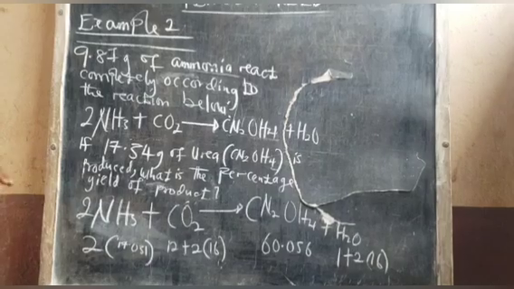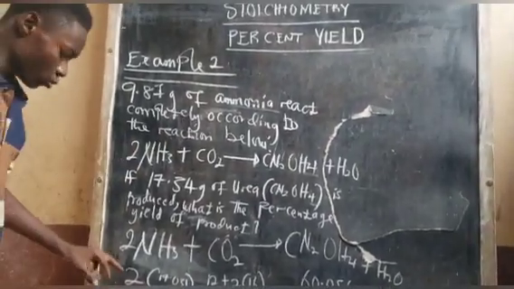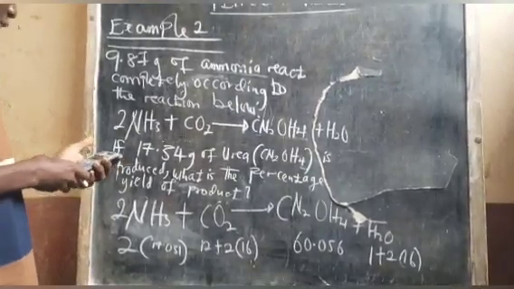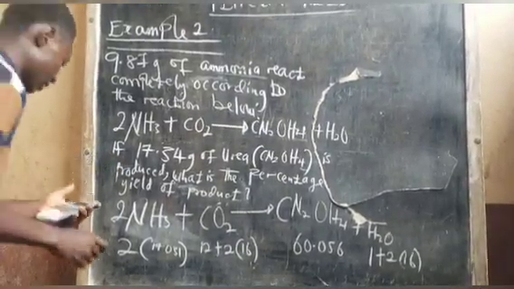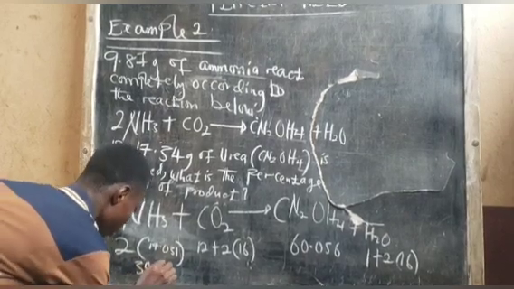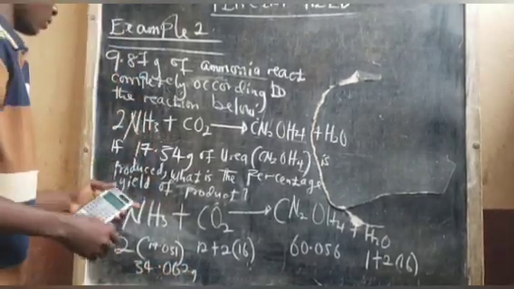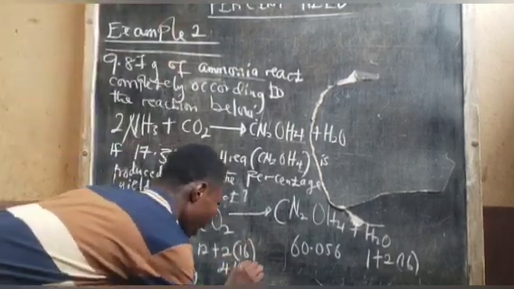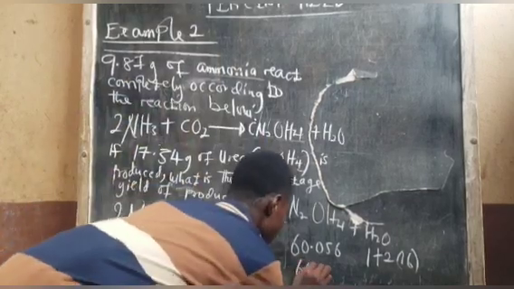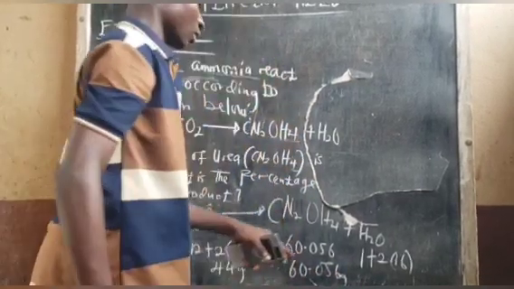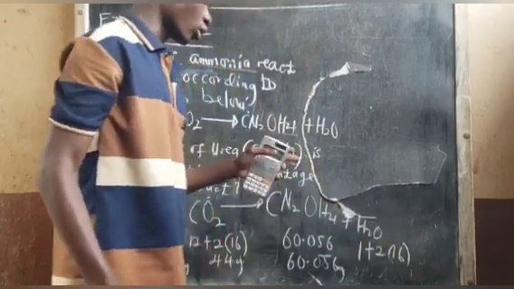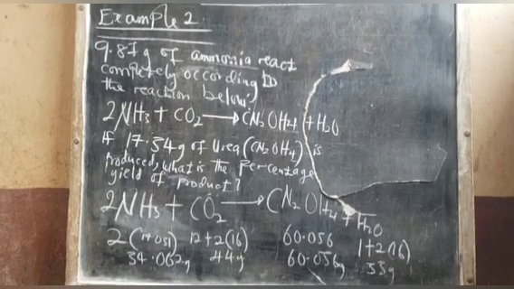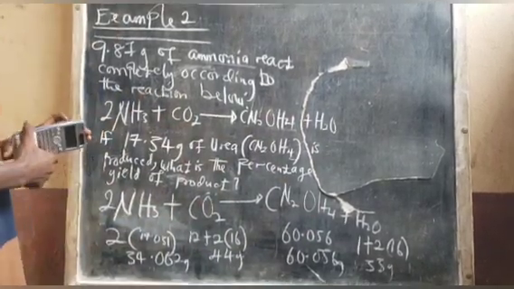This is how we find the reacting masses. Now we multiply 2 by 17.031, which gives me 34.062 gram. 2 multiplied by 16 is 32 plus 12, 44 gram. Urea is 60.056 gram. 2 multiplied by 16 is 32 plus 1, 33 gram. These are the reacting masses of each of the compounds.